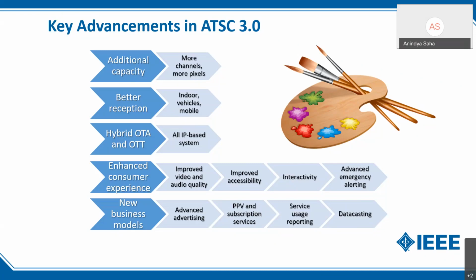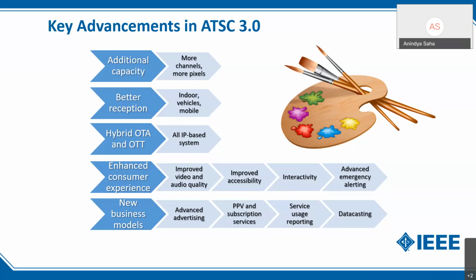So, advanced kinds of advertising like dynamic or local ad insertion, and then pay-per-view and subscription services. How can the content be encrypted to enable these? And then advanced methods of service usage reporting. And finally, the most important one is data casting. If you look at data casting, you can consider broadcast as a general data delivery mechanism.